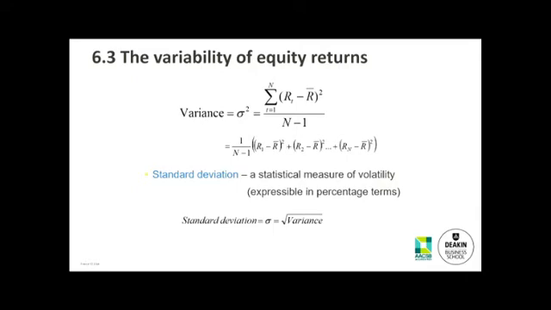Let's assume this is only 2 days. Your numerator will be 10%. You divide by n, which is 2 days only, minus 1. So you divide by 1. So the variance of this example is 10%. That's it. And you take the square root, it will give you the standard deviation.